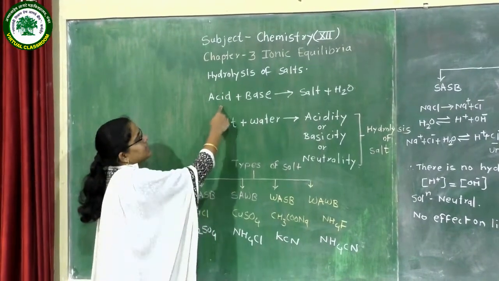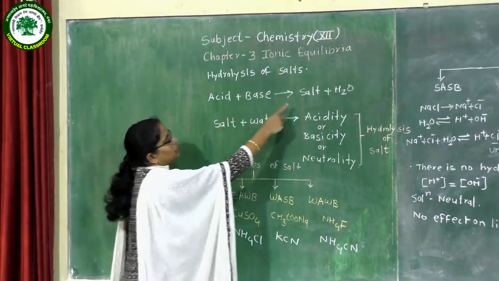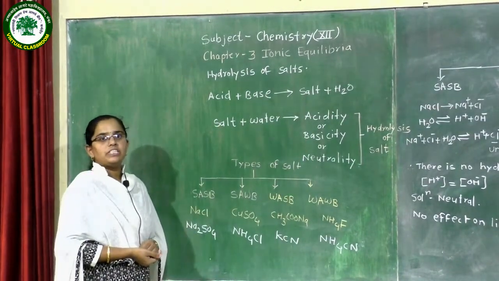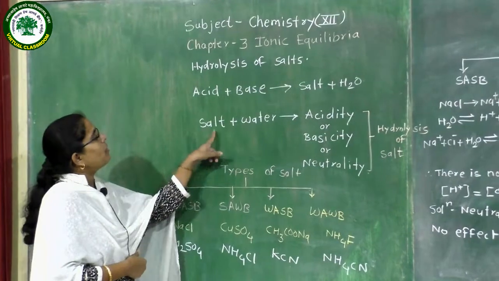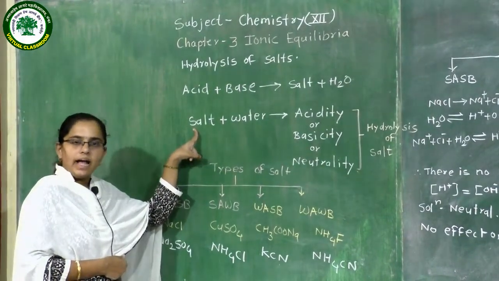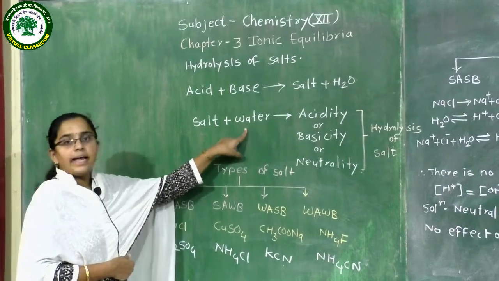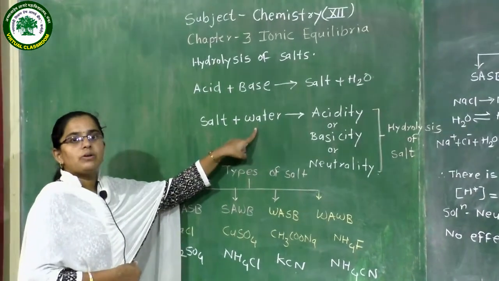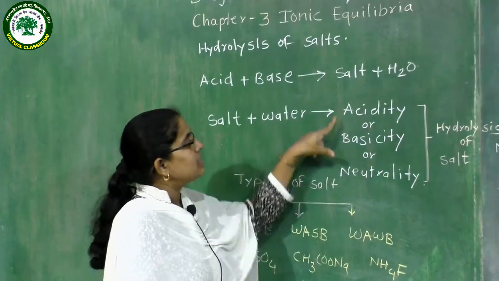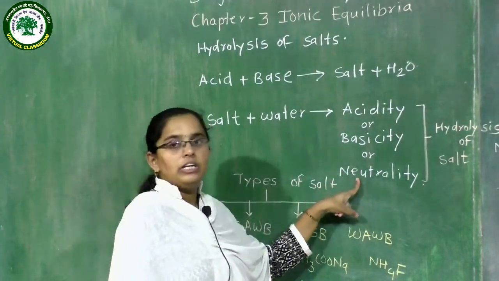Next point is hydrolysis of salts. Now acid plus base react together to form salt and water. This reaction is called a neutralization reaction. But salt reacts with water. Salt contains which ions? Cations and anions react with ions of water, that is H plus or OH minus, and form sometimes acidity, sometimes basicity and even neutrality.